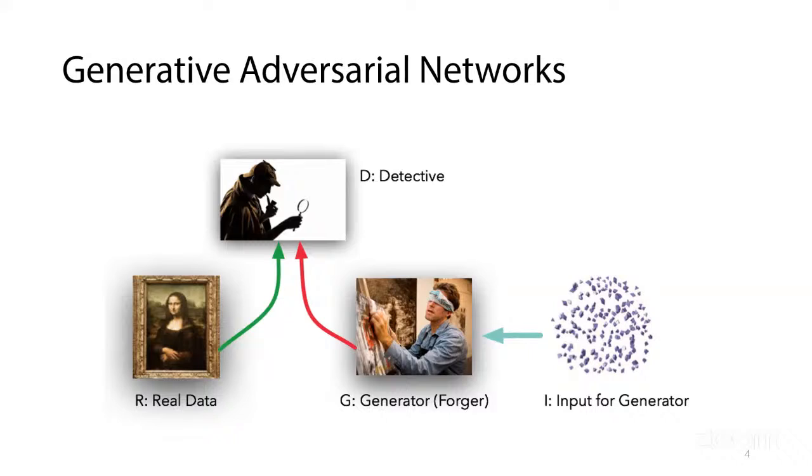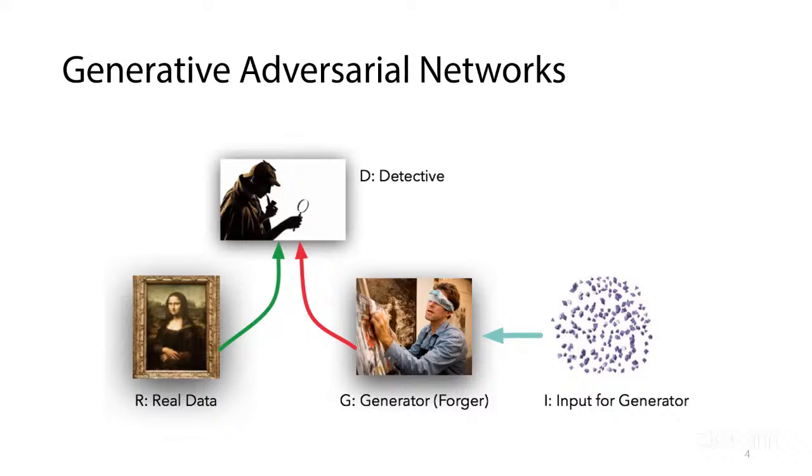So both are equal at the beginning, and then after a few training steps, it becomes pretty obvious what the real image looks like compared to the fake imagery. So the discriminator is going to get better. But then, since the discriminator gets better, the generator will also try harder to beat that. Eventually, the two networks will converge to what's called a Nash equilibrium, which is game theory lingo.